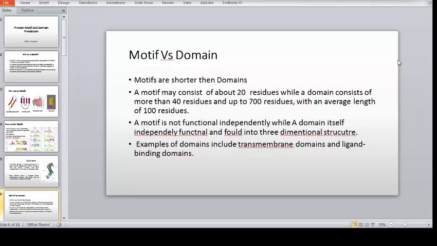and it may consist of 2 or 3 residues, while on the other hand a domain is itself a complete structure and a biological unit that may contain 40 to 700 residues, and the average length of a domain is 100 residues.